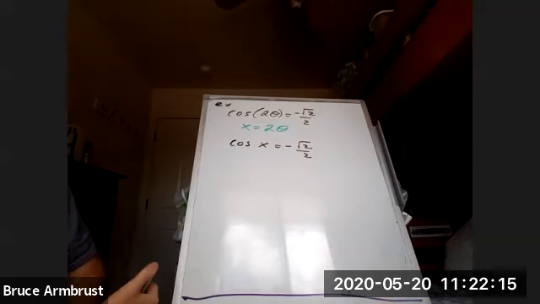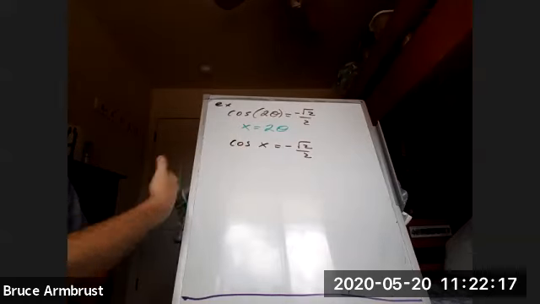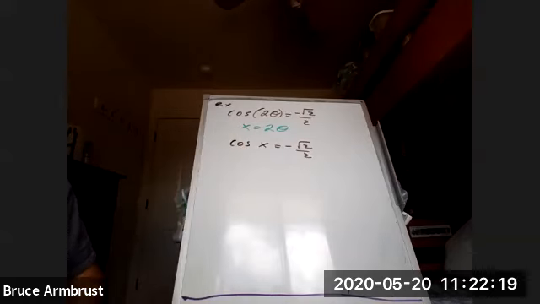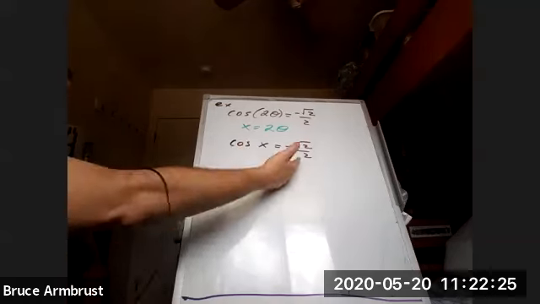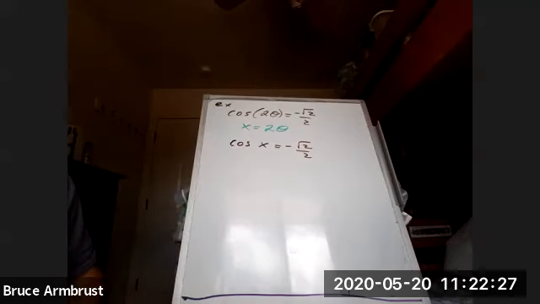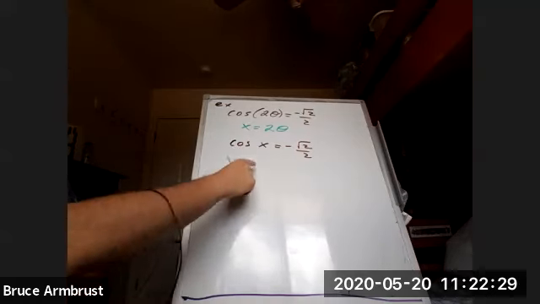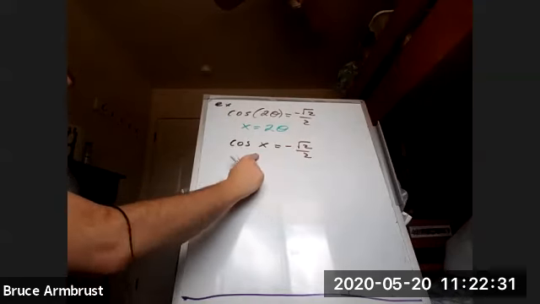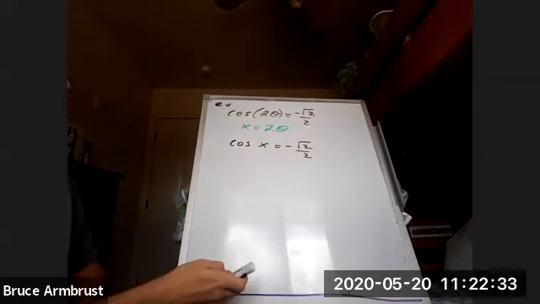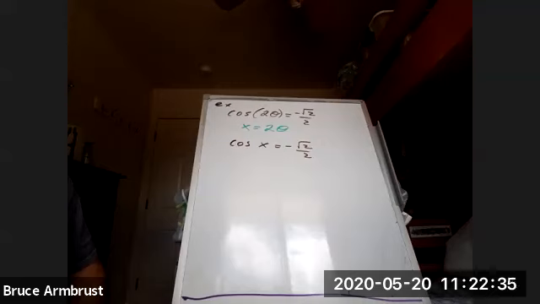And if I had presented you with this equation, you probably would have been happy-ish, right? Oh, that's not that big of a deal. I just have to find the angles whose cosine is minus root 2 over 2, and then add my 2 pi n's and all that. So let's solve this one. Let's find the angles where x is minus root 2 over 2. So where is that? Where's cosine equal to negative root 2 over 2?